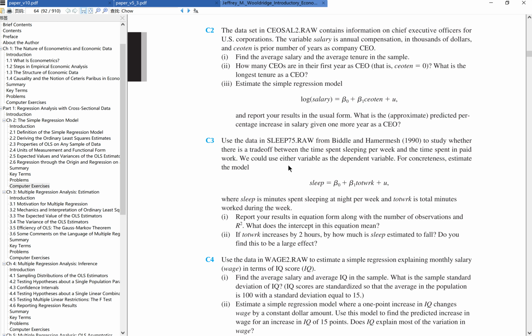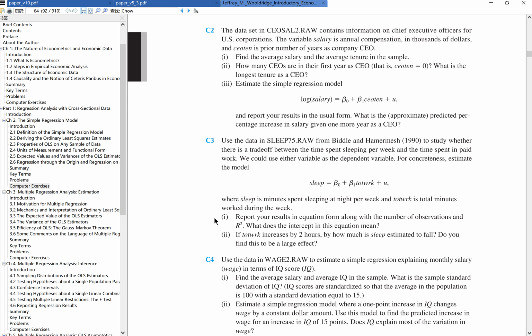We can use either variable as dependent variable. For concreteness, estimate the model sleep = beta 0 + beta 1 totwrk + u. Sleep is the minutes spent sleeping at night per week. Totwrk is total minutes worked during the week.